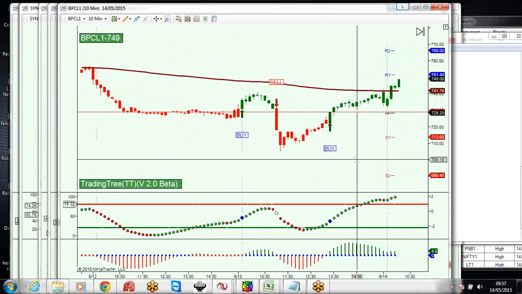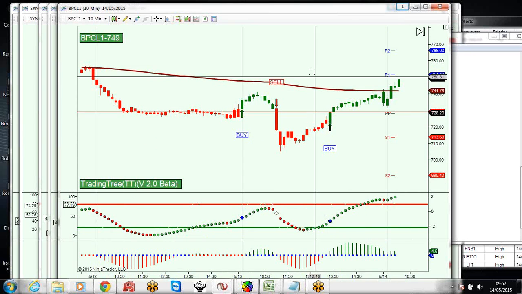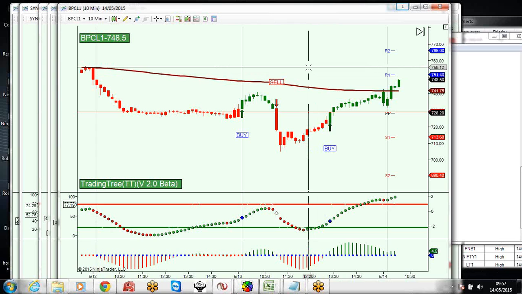So 751 will be the first target, and your next target will be 756.